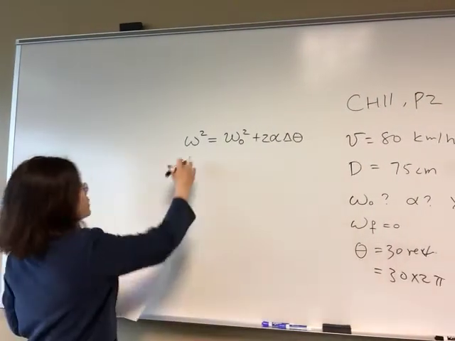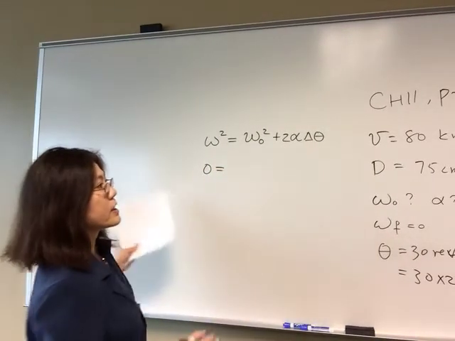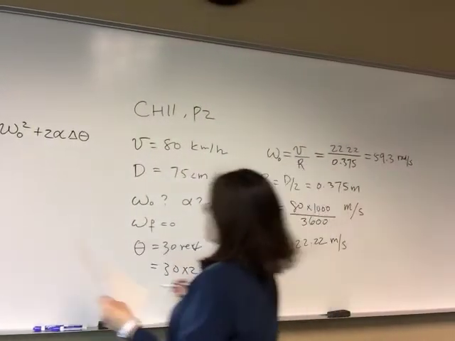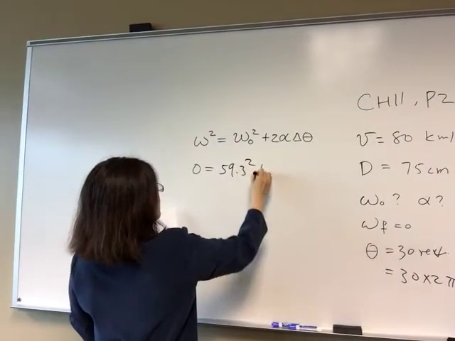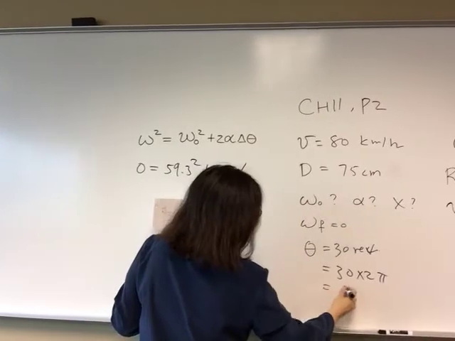So the final angular velocity is 0, and the initial angular velocity is 59.3 squared, plus 2 times alpha, times the angular displacement, 60 pi.